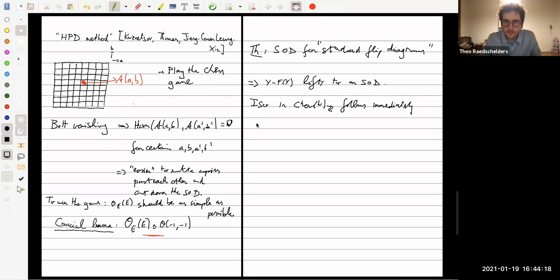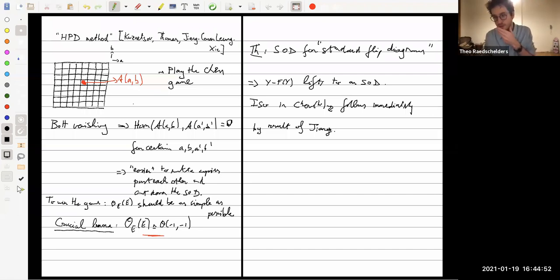By a result of Jiang, because what he does is he considers exactly standard flip diagrams and then shows isomorphisms of Chow motives. So as soon as you know that this diagram for cubics is a standard flip diagram, you get the corresponding result on Chow motives.